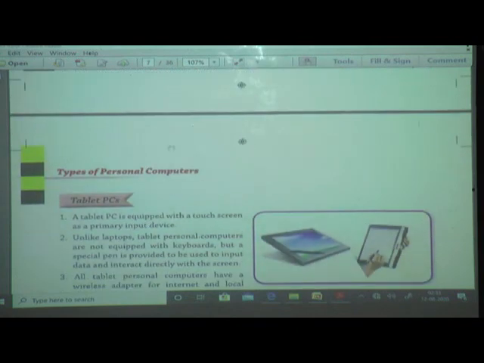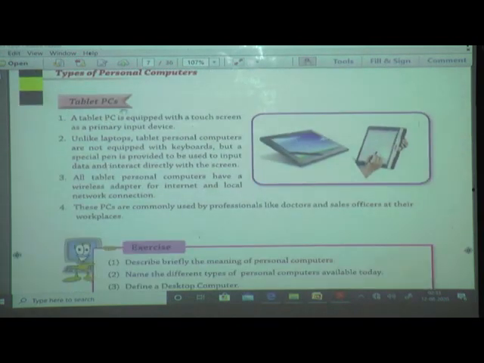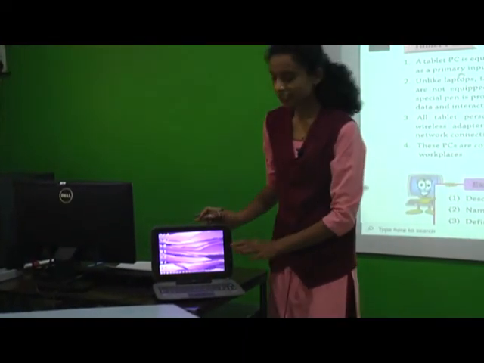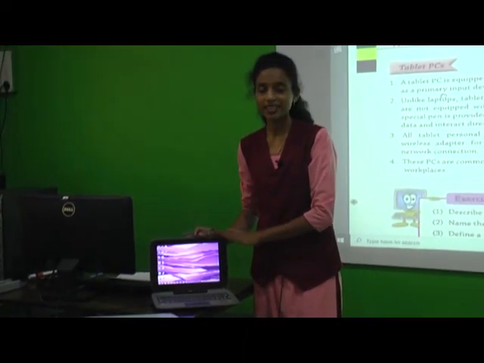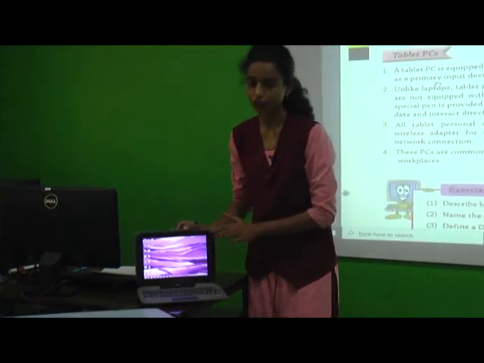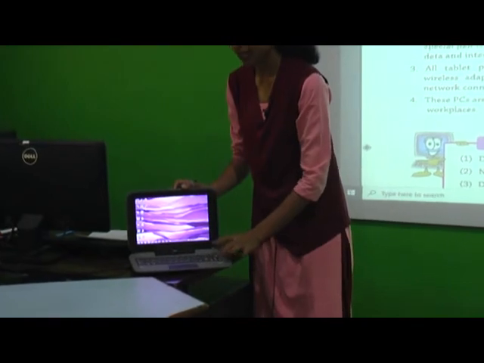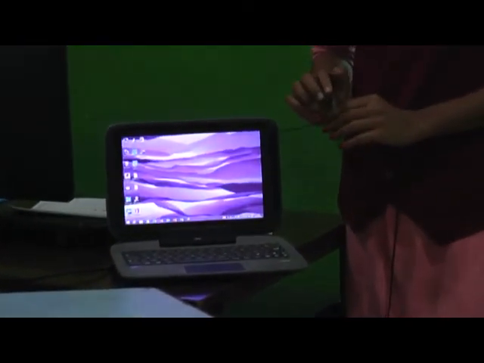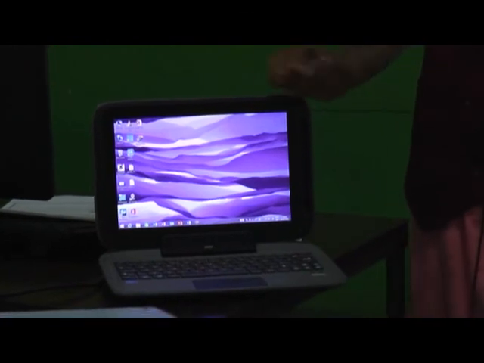Now our last is tablet PCs. We will see tablet PCs. It looks like a laptop, but is the size the same as a laptop? No. It has a monitor screen, keyboard and mouse, and inside the CPU has the same parts, but how does it work?